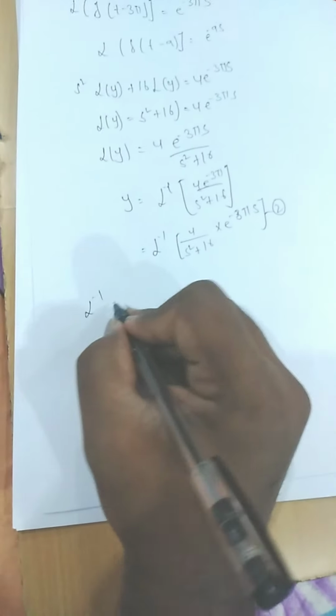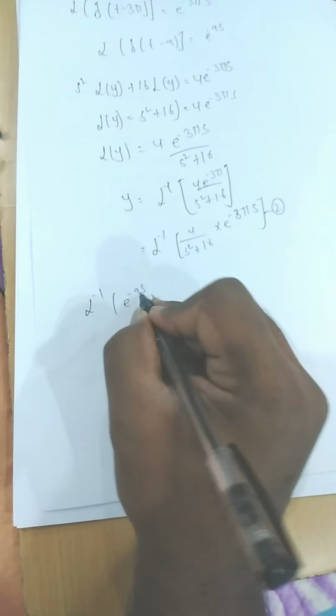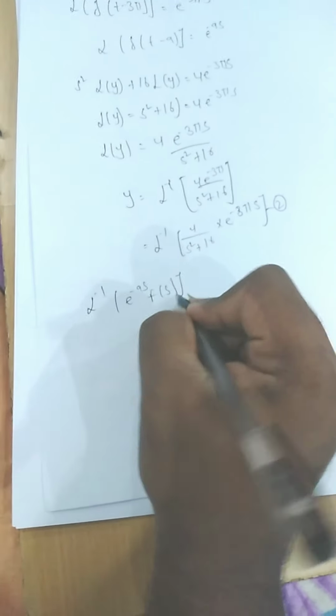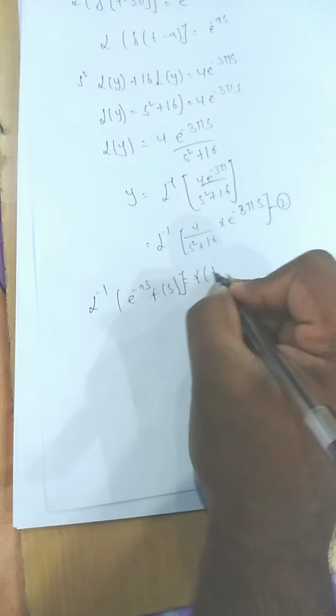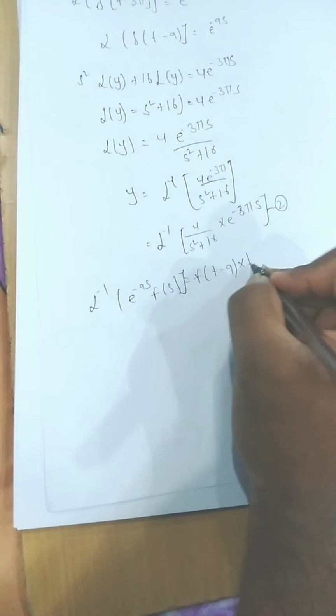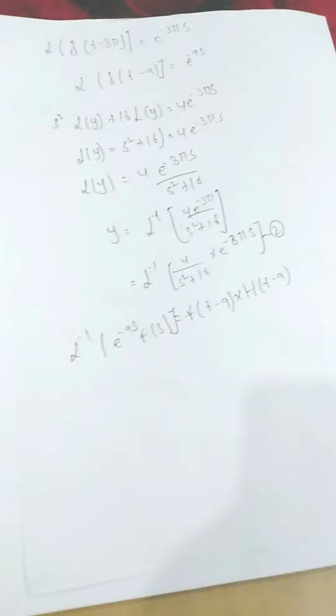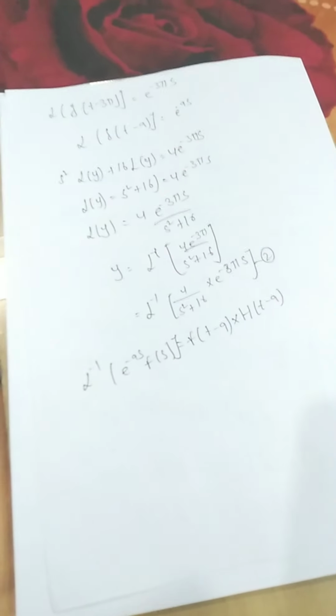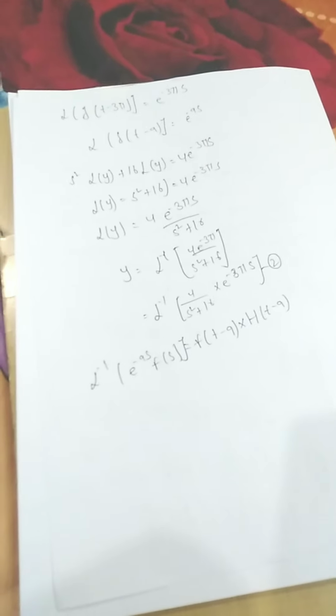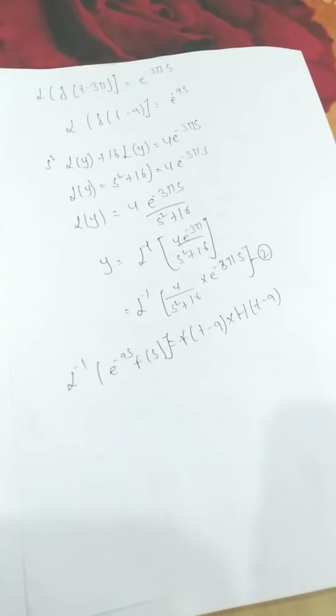The Laplace inverse of e to the power of minus as F of s is equal to f of t minus a into h of t minus a. Here h is the Heaviside function. The Heaviside function has a jump of size 1 at t equals a.